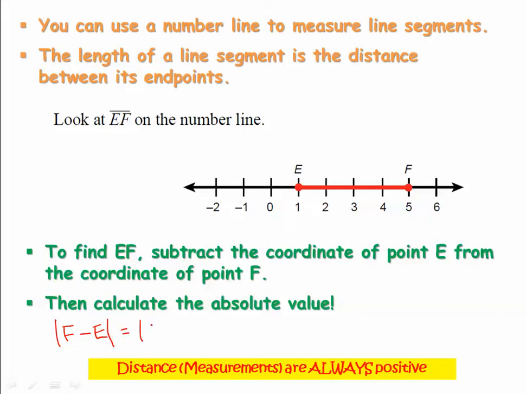The coordinate of F is 5 minus the coordinate of E, which is 1. 5 minus 1 equals 4, and the absolute value of 4 is 4. So the measure of EF equals 4 units.